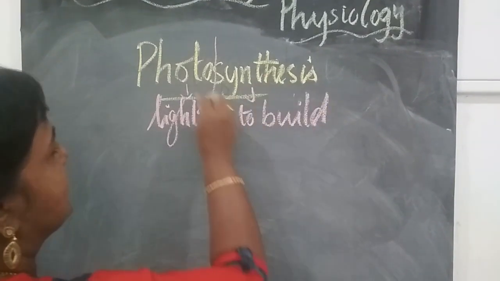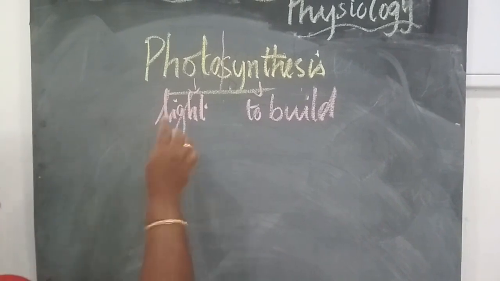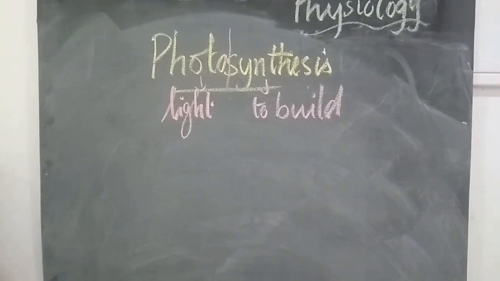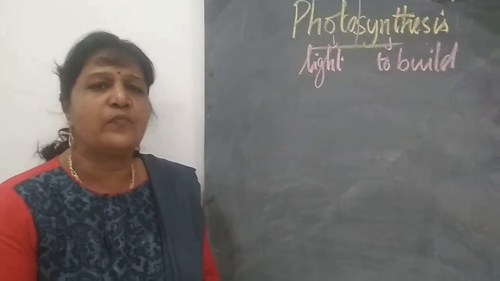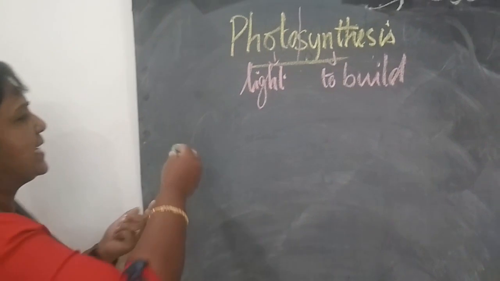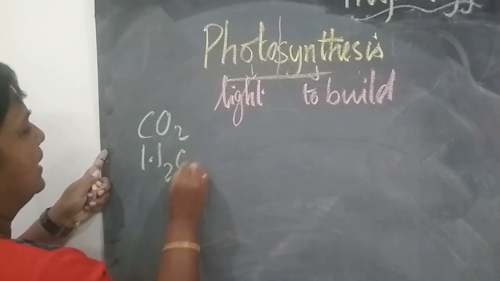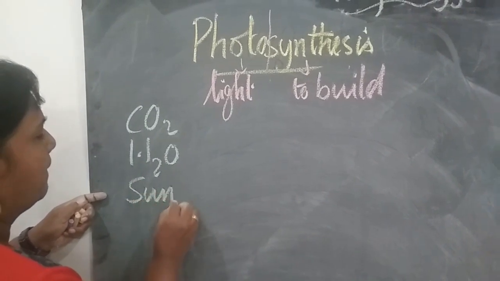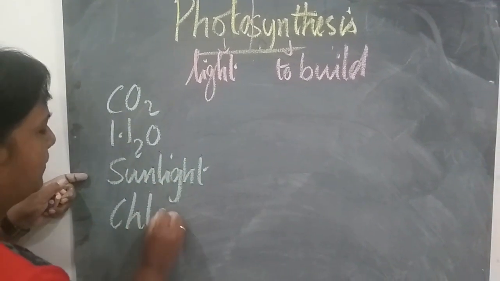Photo means light, and synthesis means to build. Photosynthesis is a process by which green plants prepare their own food with the help of the raw materials carbon dioxide, water, sunlight and chlorophyll.